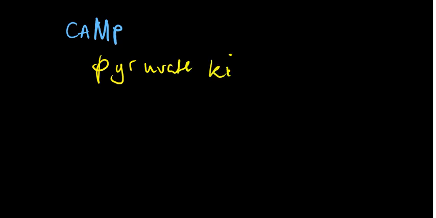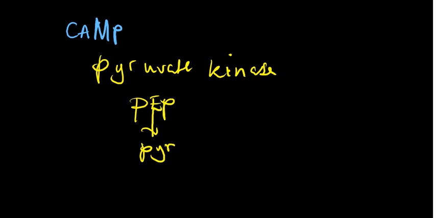We have pyruvate kinase, and remember, pyruvate kinase is converting phosphoenolpyruvate to pyruvate. Now what's basically being said is that cAMP is the one which stimulates the conversion of pyruvate kinase, which we're able to see here, to its inactive phosphorylated form. So this means that immediately, remember, we have oxaloacetate here in the process of gluconeogenesis.